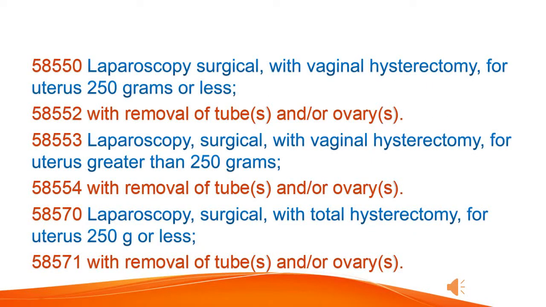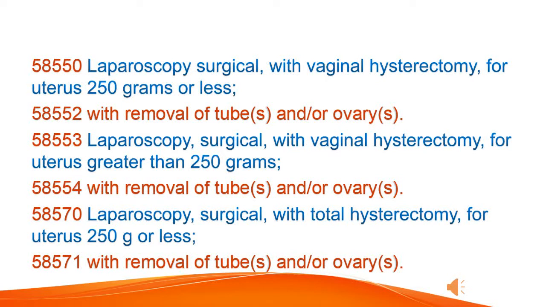Laparoscopy, surgical, with vaginal hysterectomy, for uterus 250 grams or less, with removal of tube(s) and/or ovary(s). Laparoscopy, surgical, with vaginal hysterectomy, for uterus greater than 250 grams, with removal of tube(s) and/or ovary(s).